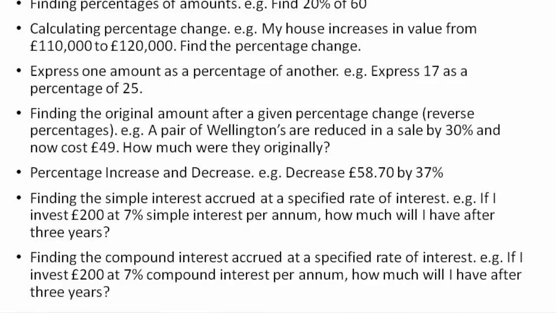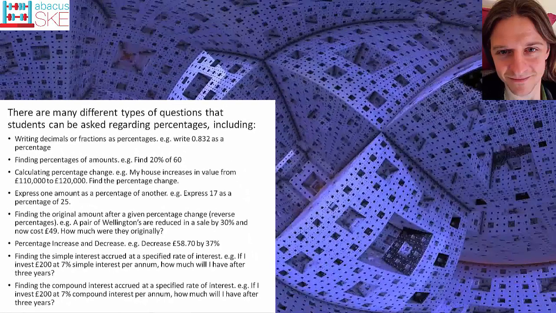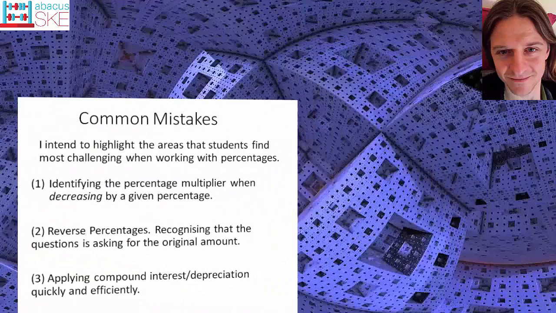Compound interest, obviously, is where the amount your account grows by grows each year because you have more money in the account at the end of the year. And that compound interest, I always argue, is far more common in the real world. It's certainly the way bank accounts work. That said, GCSE questions have been asked about simple interest before.